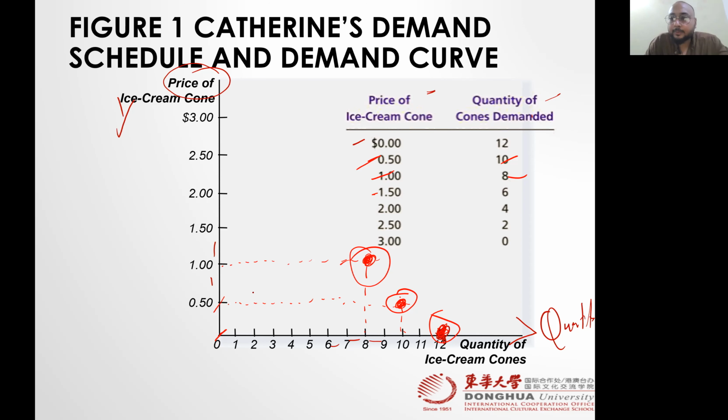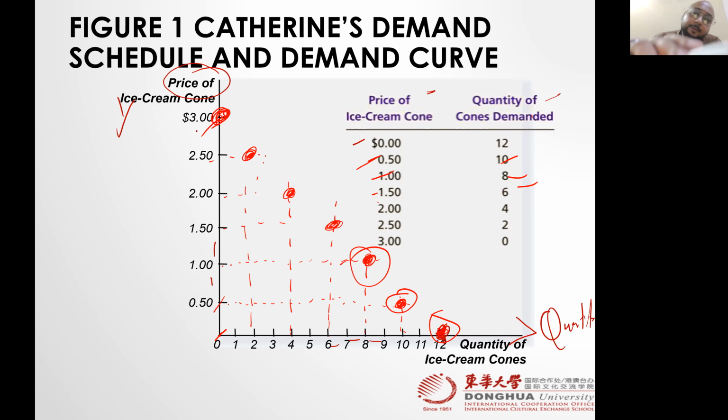At 1.5, it is 6. At 2, it is 4. At 2.5, it is 2. And at 3, it is 0. So 0 is here.